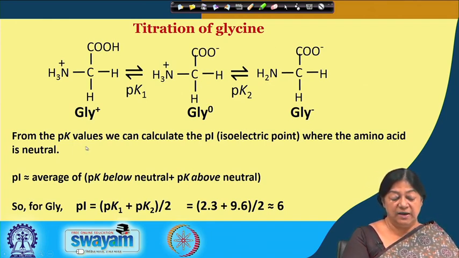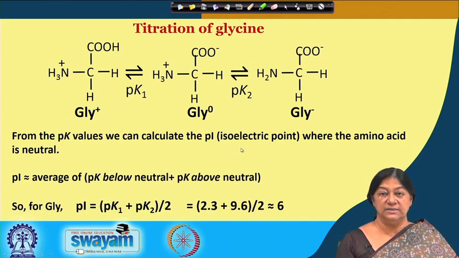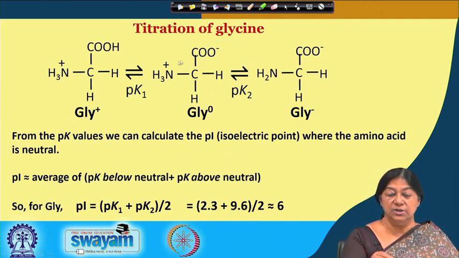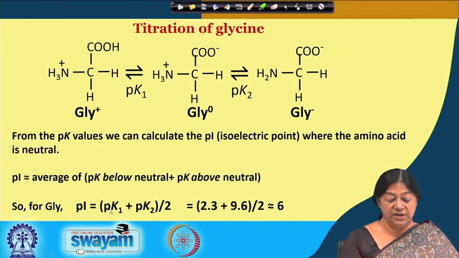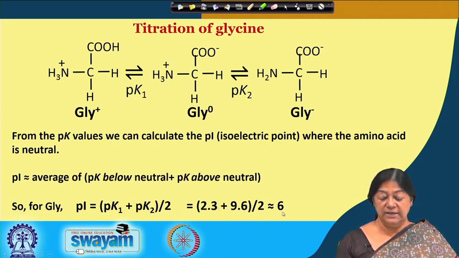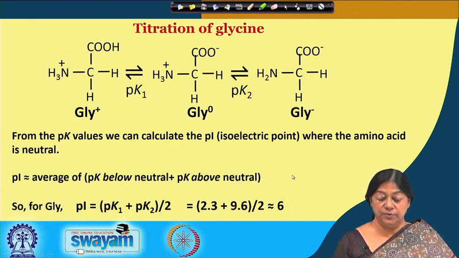So, from the pK values we can calculate the PI, that is the isoelectric point where the amino acid is neutral. This is the neutral form of this amino acid. So, the PI becomes the average, and with the knowledge of the pK1 and the pK2 values, we determine that the PI for glycine is approximately 6. This experiment will be demonstrated to you when the experimental part is shown.